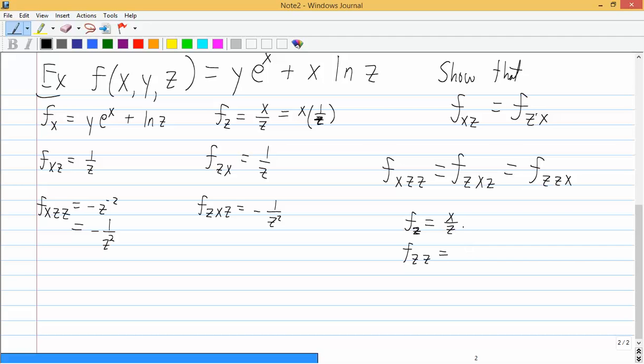So it's gonna be negative x over z squared. Derivative of that with respect to x is negative 1 over z squared. Alright, so all 3 of these are the same.